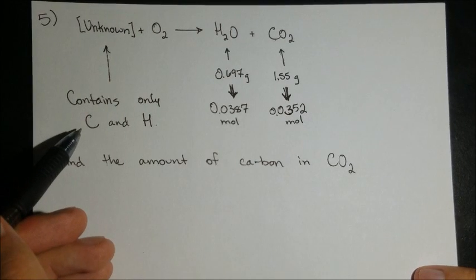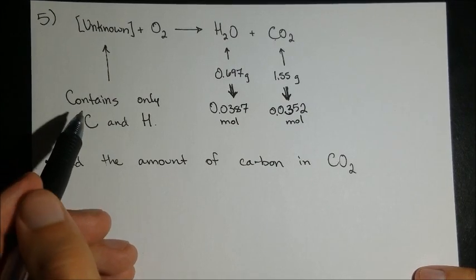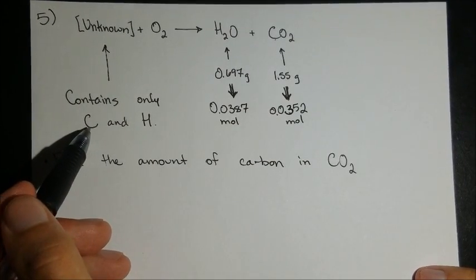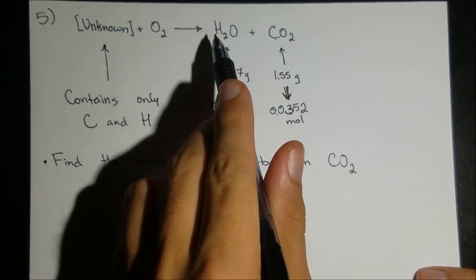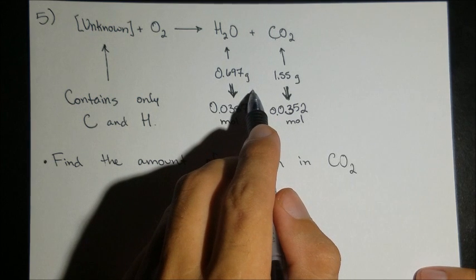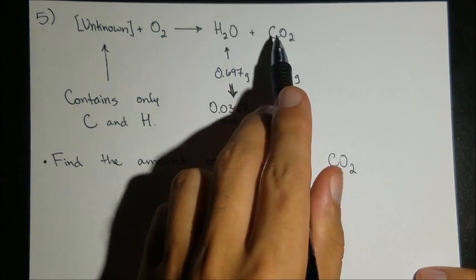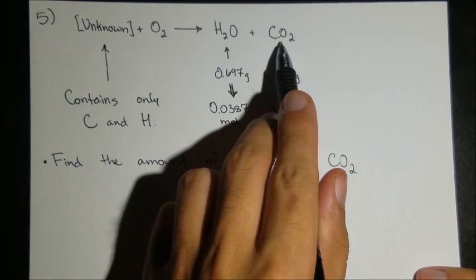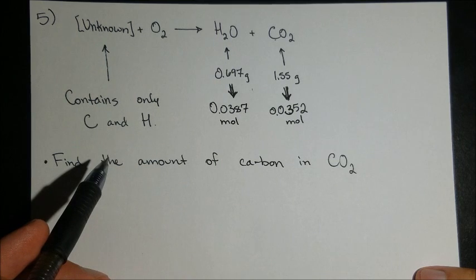And since the only source of carbon here is the unknown, we can figure out how much carbon the unknown had if we know how much carbon dioxide is made on the right side of the equation. So we just use conservation of mass to figure out, from a known amount of carbon in the products, how much carbon the unknown reactant had.